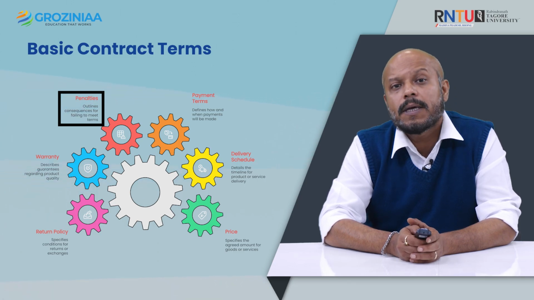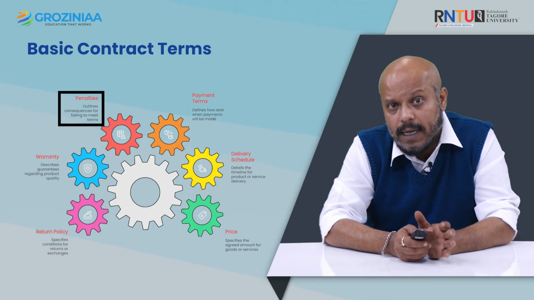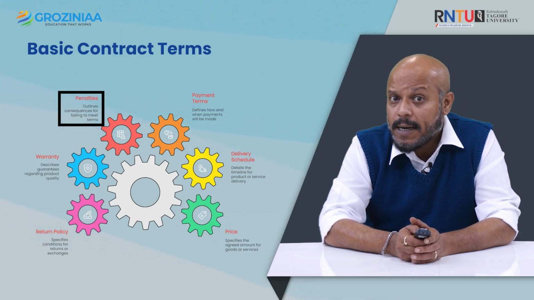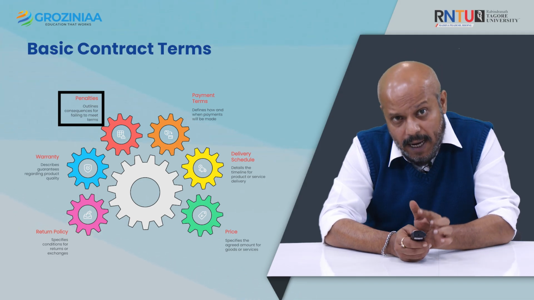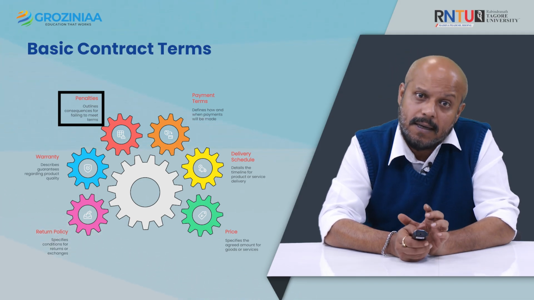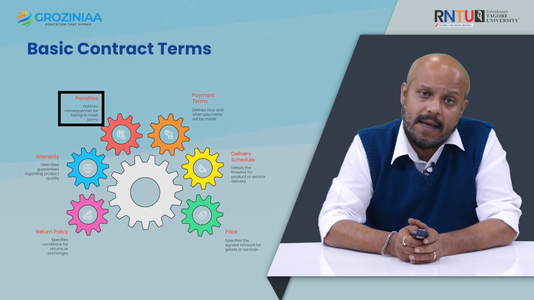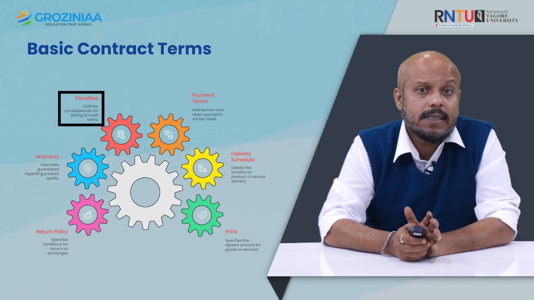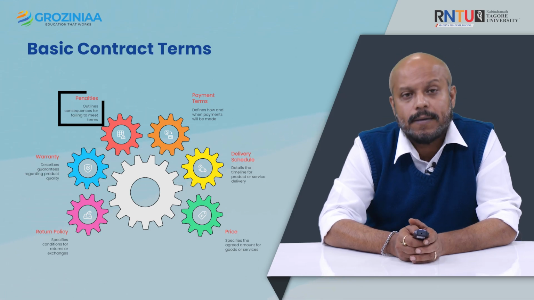So there will be a penalty of 0.01% of the contract value for the 10 days of delay. But if I delay further, and now this delay goes to 80 days, then again 0.01% for another 10 days. That is a very simple example that I have given you. But yes, penalties are a very important part of a contract document.